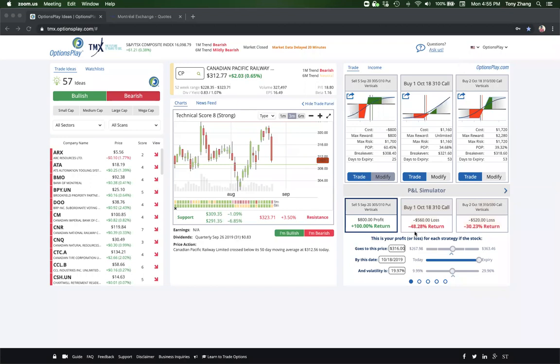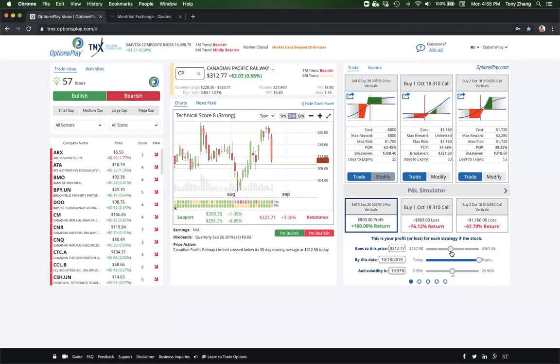And even worse, if the stock stays where it is, if the stock doesn't move and it just stays around that 310, 312 level, as you can see, the call and the call spread lose even more money versus the credit spread makes me $800. And even if the stock moves a little bit below, let's say it moves down to 309, 308, I still actually continue to have a small loss on the credit spread versus the other ones where I'm basically losing everything.